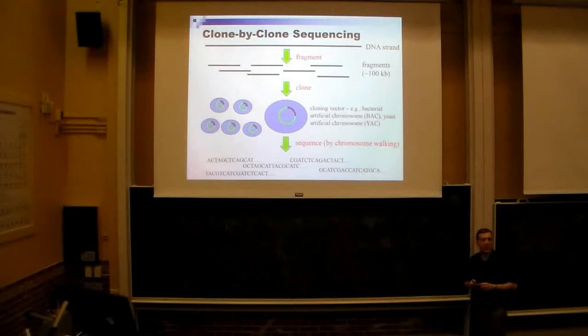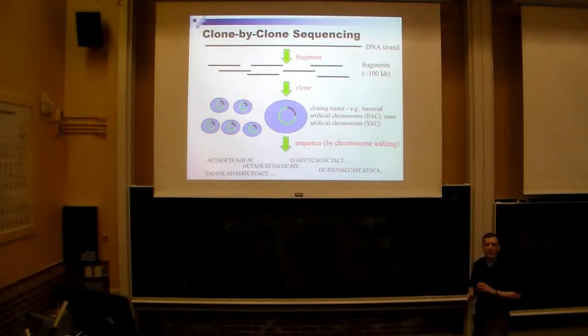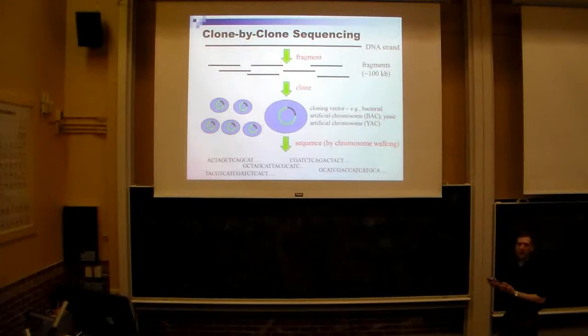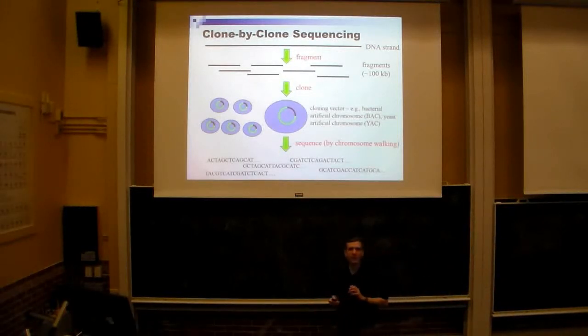You repeat this many times for many strands, and you get on the order of a few thousand or maybe a few tens of thousands of these pieces of genome. Then in theory you're likely to have things covering pretty much the entire genome. So you'll have these big pieces of sequence that you get by chromosome walking. It's a lot of work that goes into getting each one of those, but you do that a few thousand times. And in theory, these pieces will make up your entire genome.